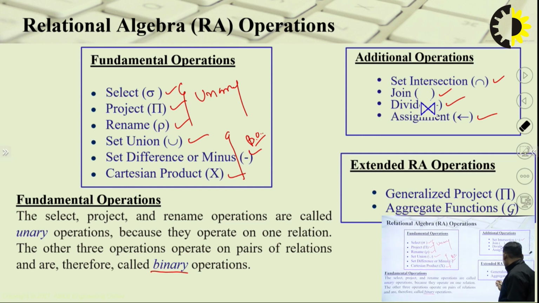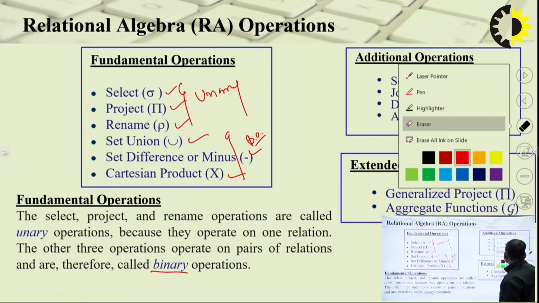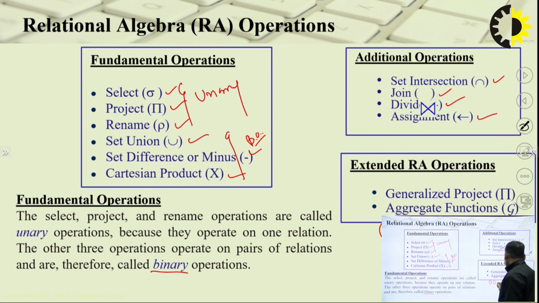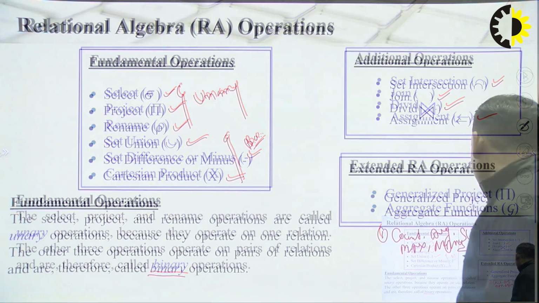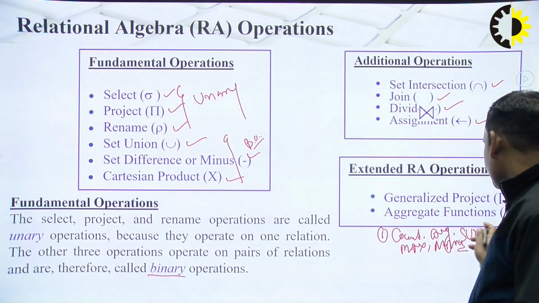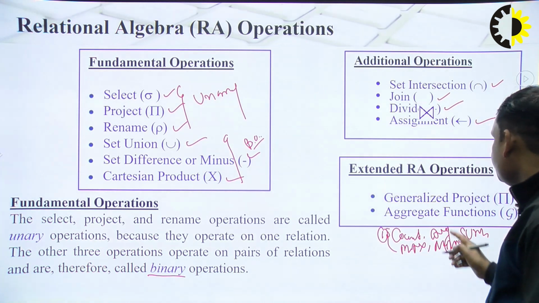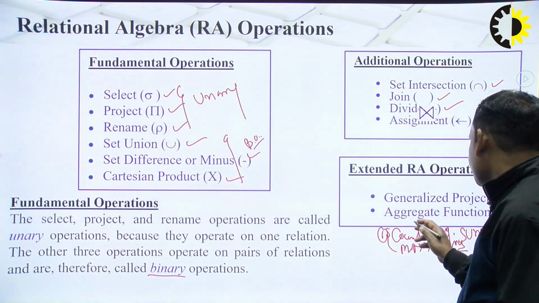For example, count is a predefined aggregate function in a database, average is a predefined aggregate function, then sum, fourth is max, and fifth is min. These five predefined functions in the database are known as aggregate functions.